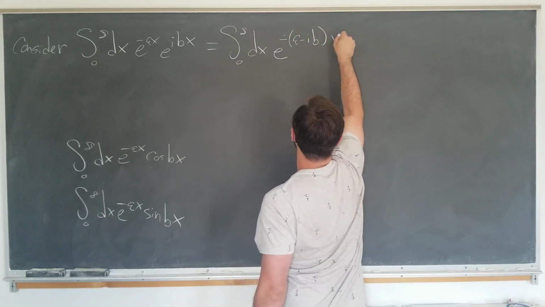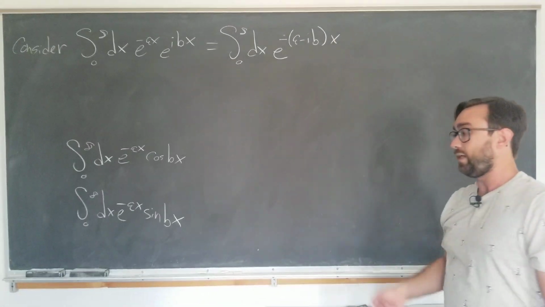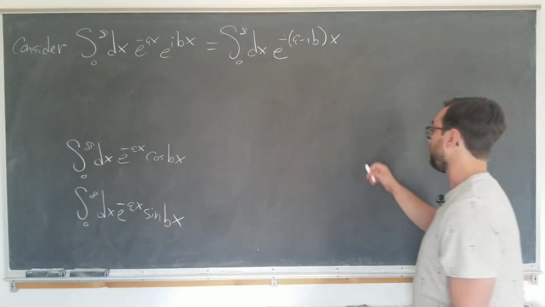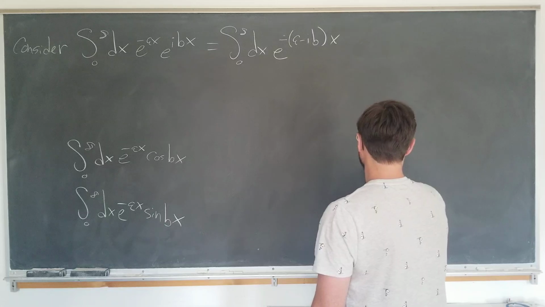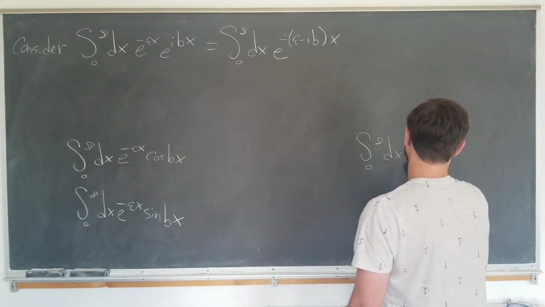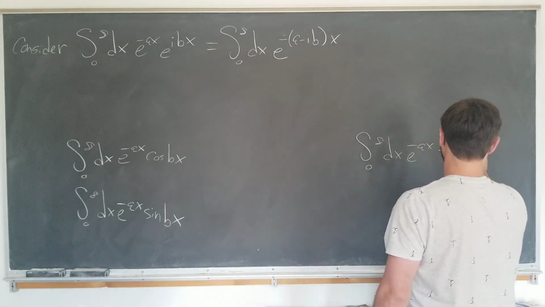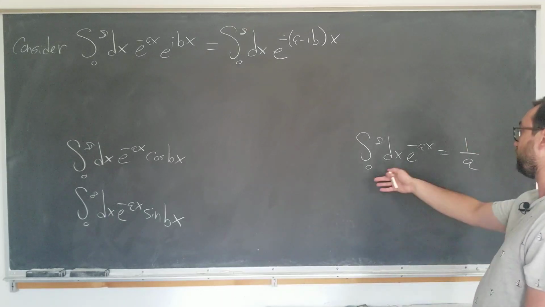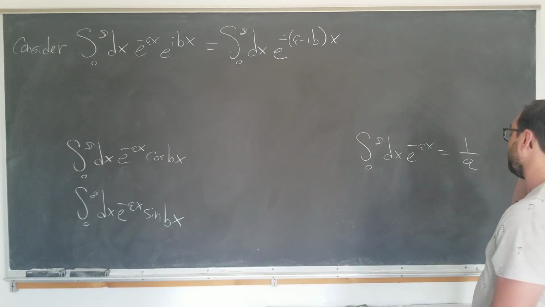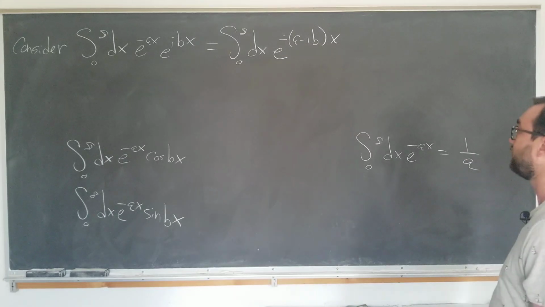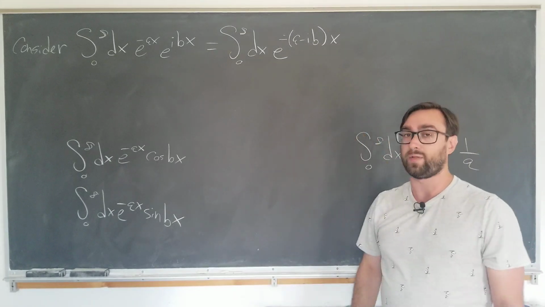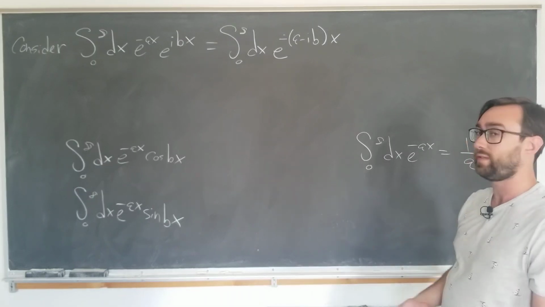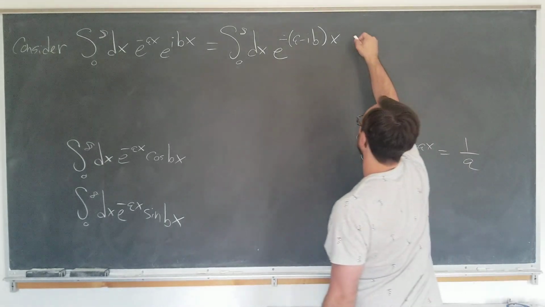We'll see why in a second. And I want it in this format because we know this integral is just a standard result from elementary calculus: the integral over all space of e to the minus ax is simply 1 over the constant a. We simply have a complex valued constant here, but that's no problem for the time being.